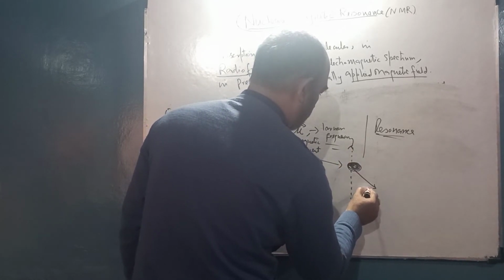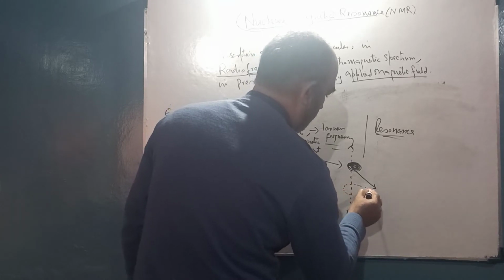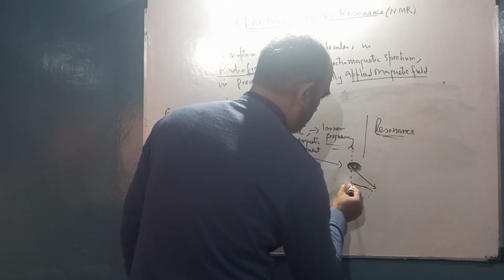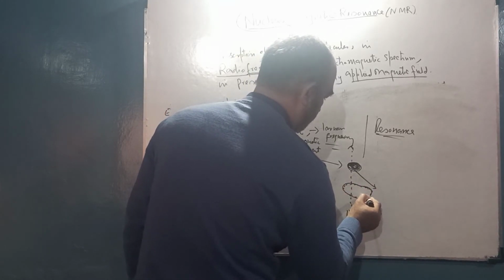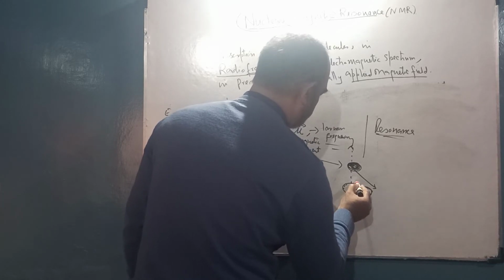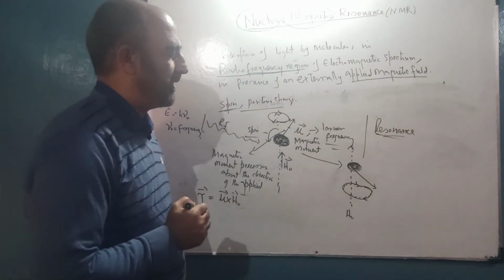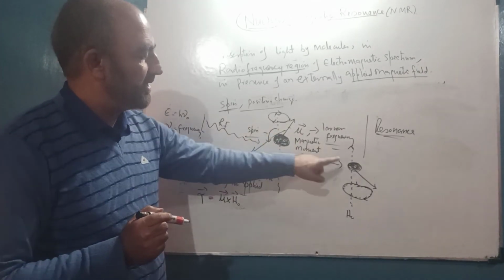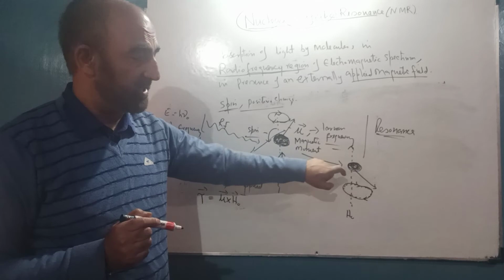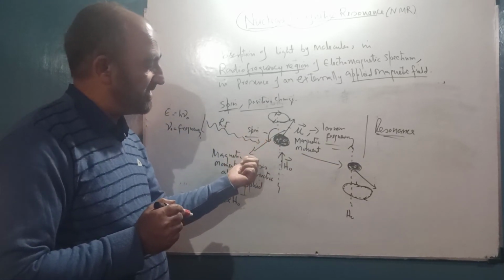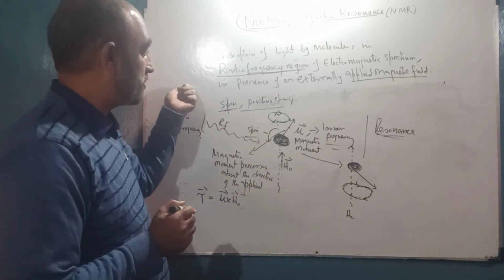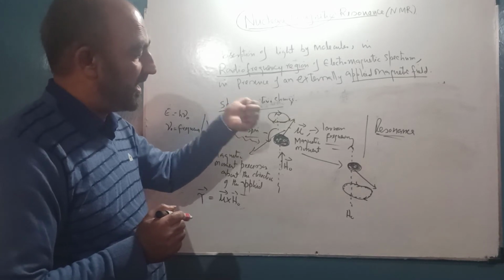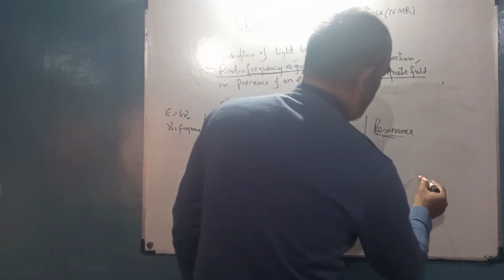It will precess like this in a cone shaped manner. This is one magnetic state of the nucleus, and this will be another magnetic state of the nucleus, and the spin state will change because of the absorption of radio frequency. And there will be an energy transition on an energy scale.